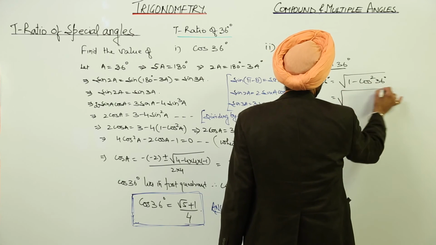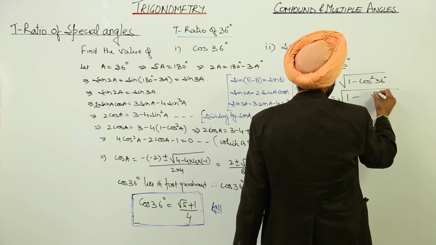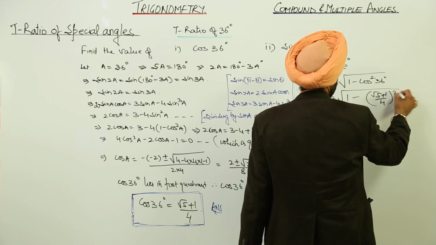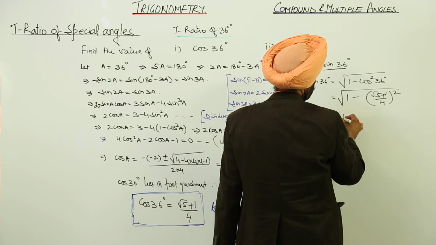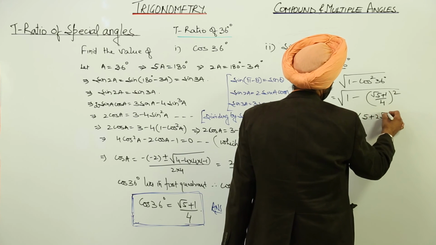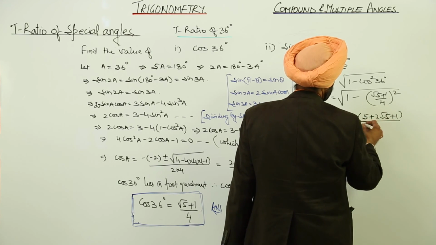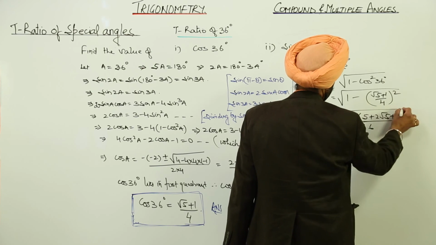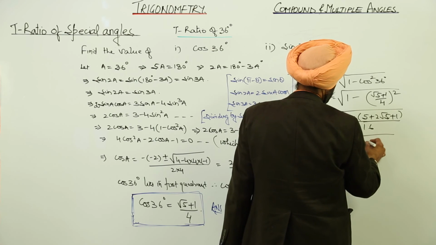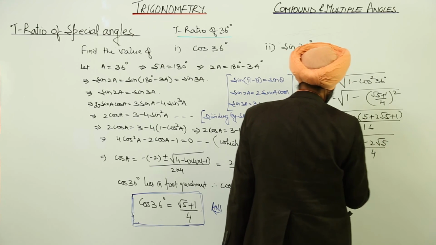This is equal to 1 minus (root 5 plus 1 upon 4) whole square. Now this becomes 16 minus (5 plus 2 root 5 plus 1) upon 16, which is 10 minus 2 root 5 upon 4.